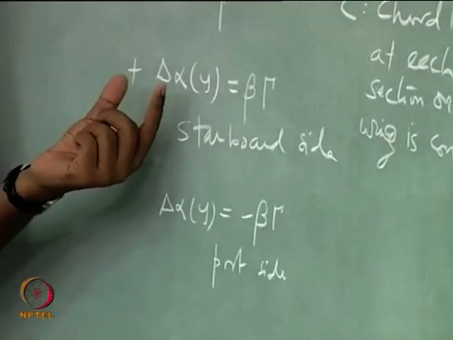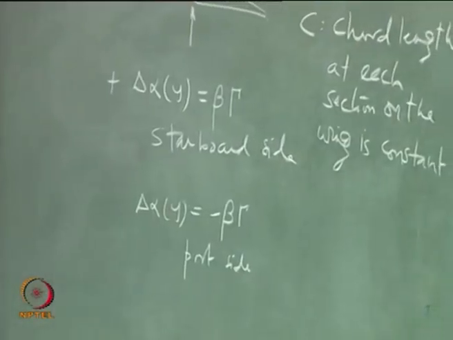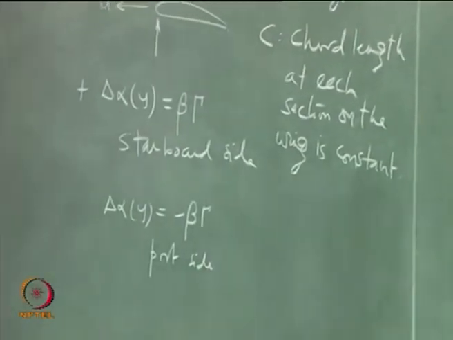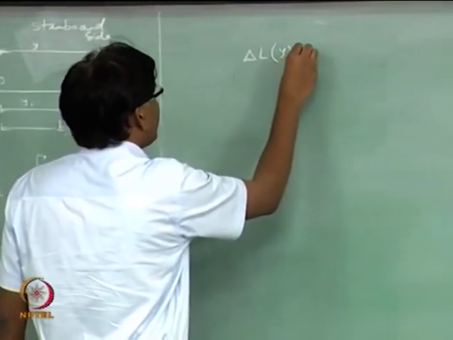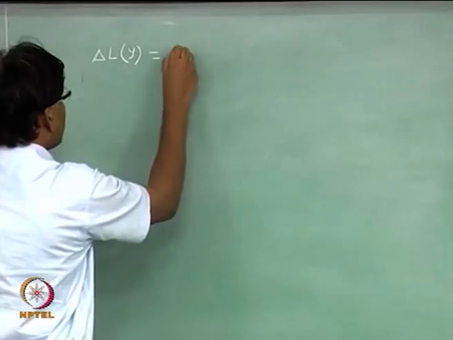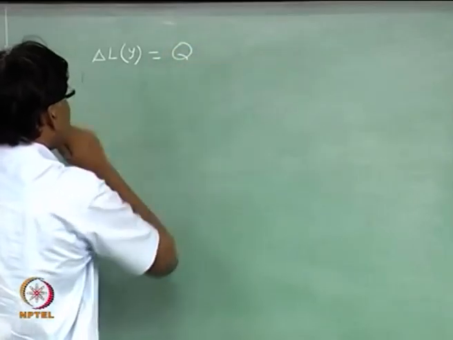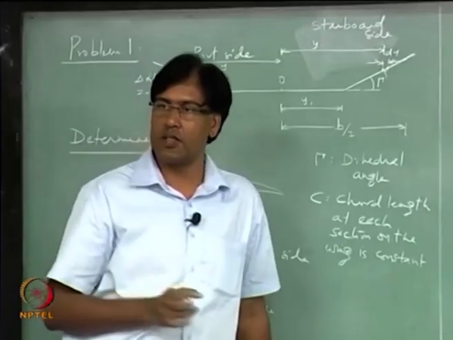Because of this delta alpha, we are going to see a corresponding change in the lift, right. So, delta L y is q into that area, right. So, c into dy, right, chord length into that strip length.